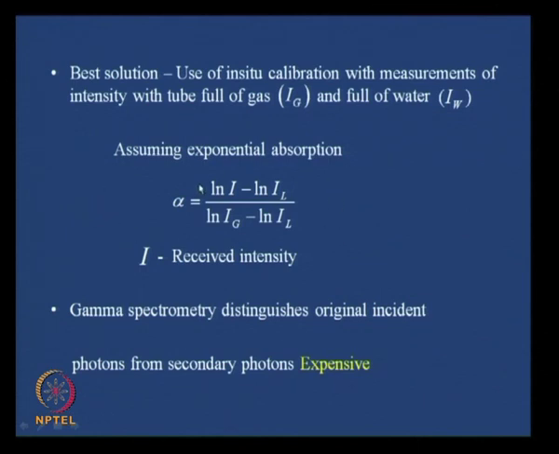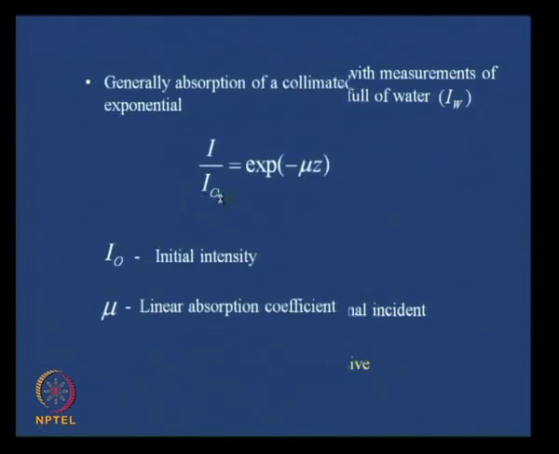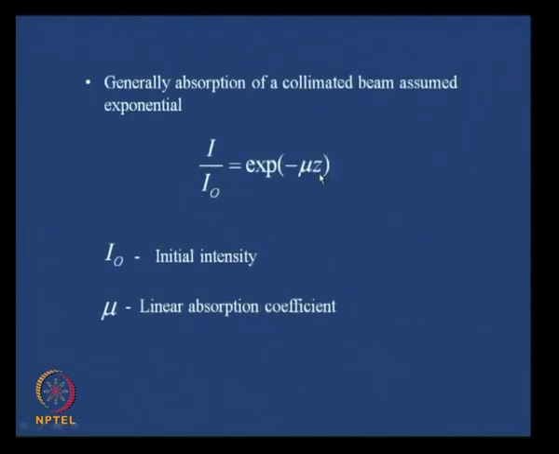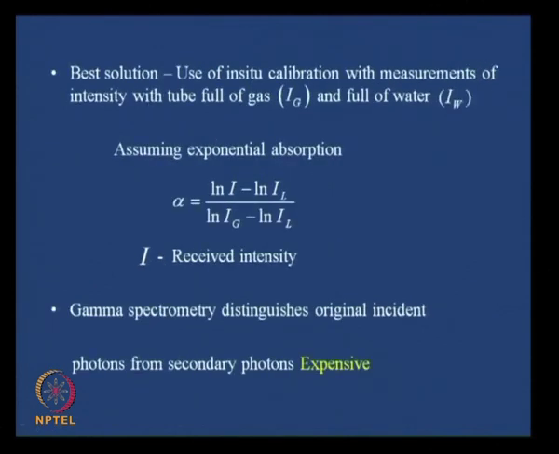From this sort of relationship, we should be able to get a value of the void fraction. But remember one thing, the relationship will definitely depend upon the distribution of the voids, because mu, this linear absorption coefficient, will be a function of the distribution, the amount of voids, and so on and so forth. Okay.